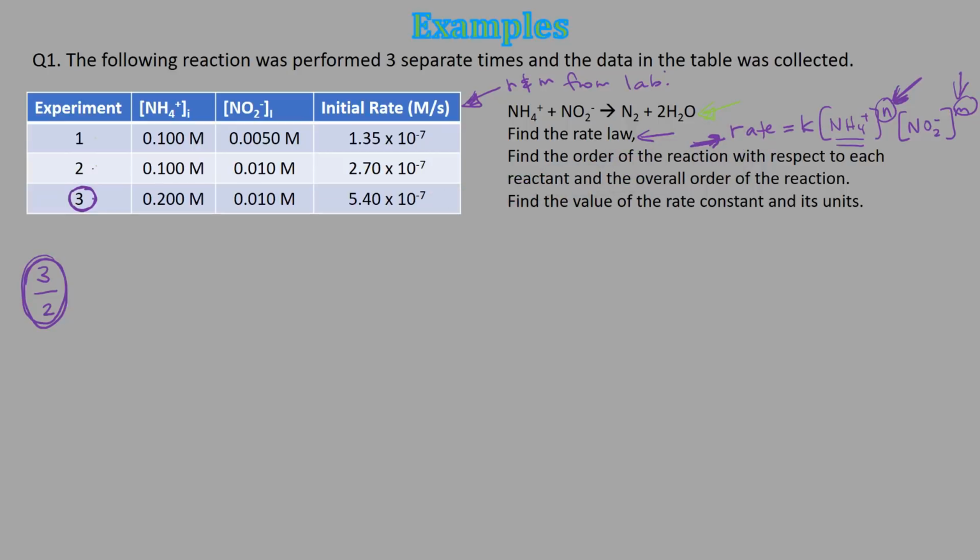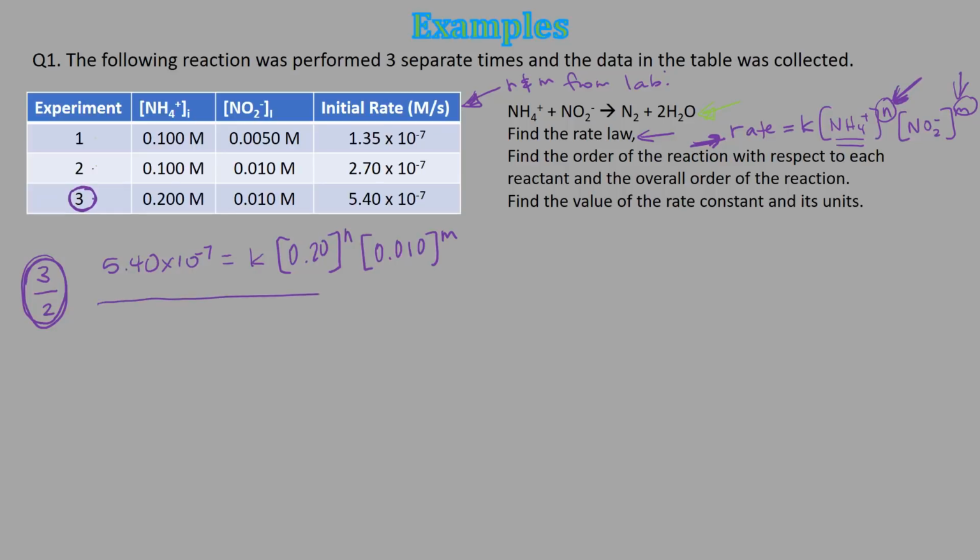So my rate for the third experiment is 5.40 times 10 to the negative 7, and that is going to be equal to K, we don't know what K is, times the NH4 concentration of 0.2 raised to the N, times the nitrite concentration of 0.010 raised to the M.